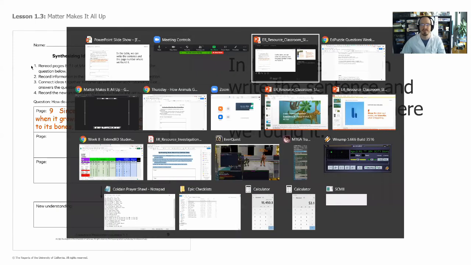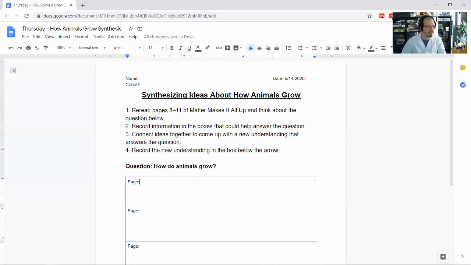So we found it on page 9, and we're going to write page 9 there. Then we're going to write the sentence itself: Since an animal is made of matter, when it grows, it needs to add more matter to its bones, muscles, and other parts. Great. Your first box should look just like mine when you're done with it.